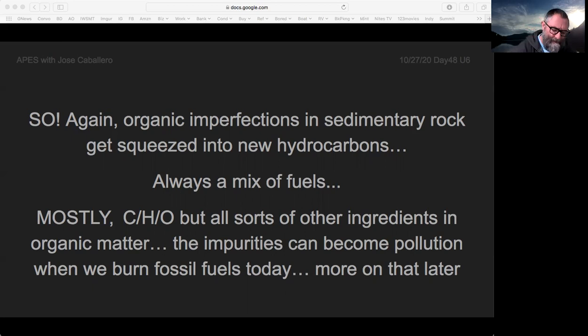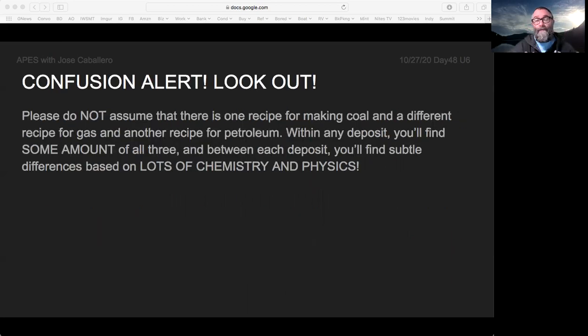I'd like to add just one last thing. I want to avoid confusion. I don't want you to assume that there's a single recipe to make coal and then a different single recipe to make petroleum. I need you to realize that there's always a blend of all three, and there's all sorts of chemistry and physics that affect whether it's mostly coal or mostly petroleum.